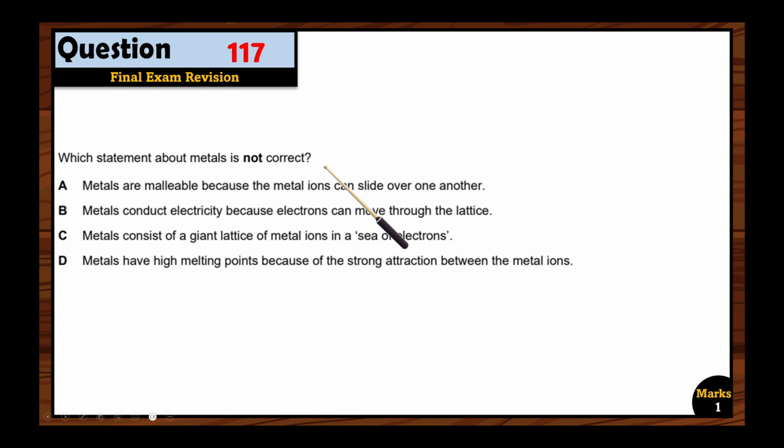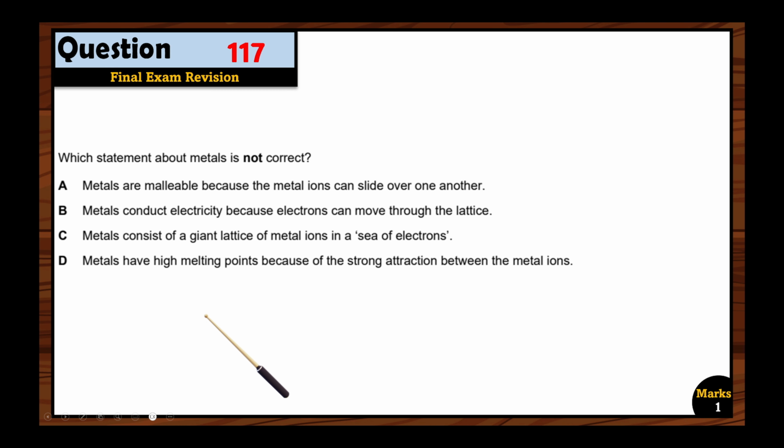Which statement about metals is not correct? Metals are malleable, yes, right. Metals conduct electricity, that's also right. Metal consists of a giant lattice of metal ions, yes, that's also right. Metals have high melting points, that's also right. Now we have to see the second options. Metals are malleable because the metal ions can slide over one another, that's right. Metals conduct electricity because electrons can move through the lattice, that's also right. Metals consist of a giant lattice of metal ions in a sea of electrons.